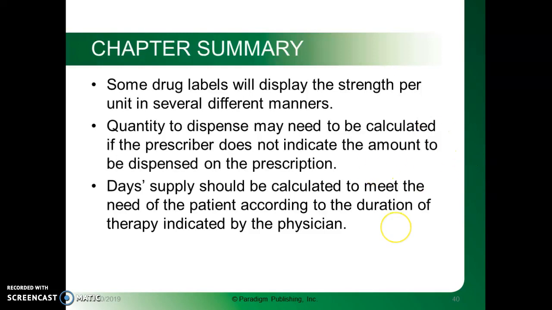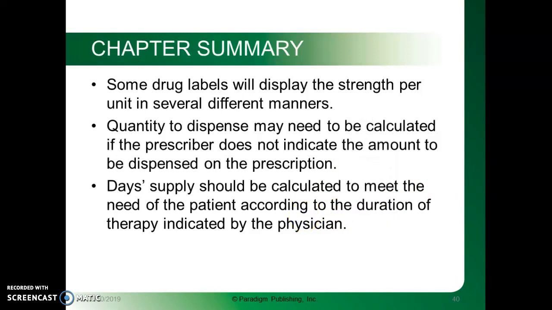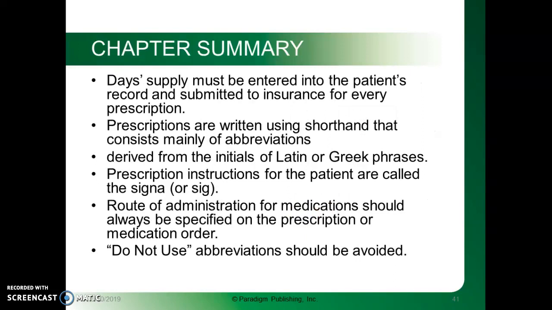So sometimes physicians will write for more than 30 days, so you have to adjust the calculation of the quantity of medication that you're going to dispense to meet those 30 days with the insurance company. Day supply may be entered into the patient's record and submitted to insurance for every prescription.